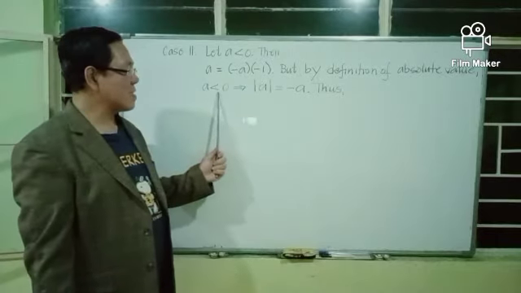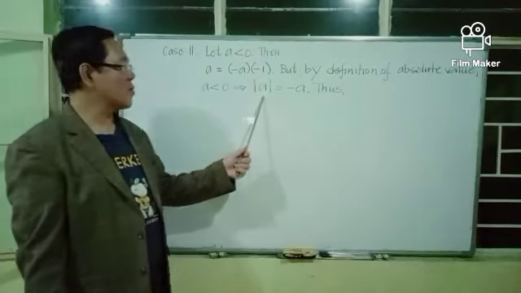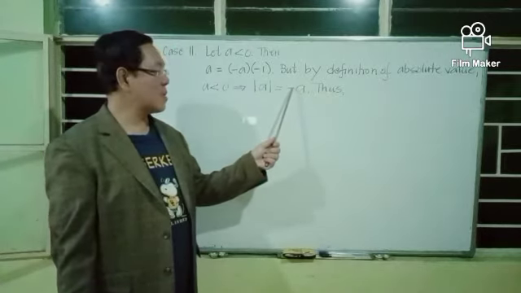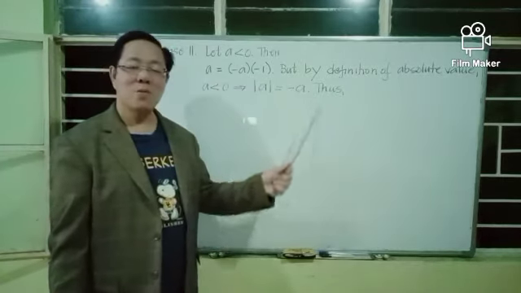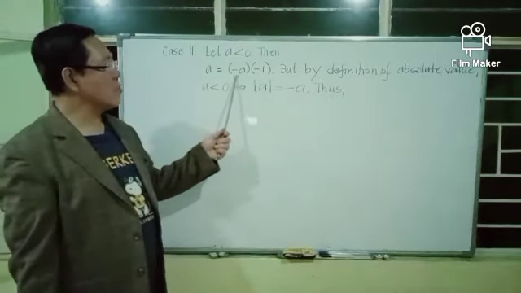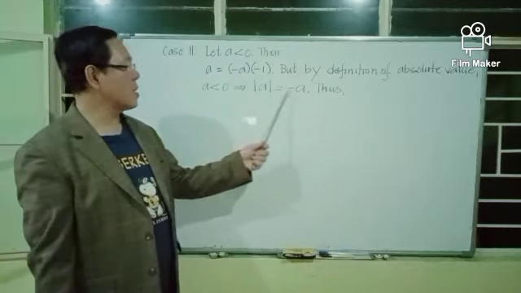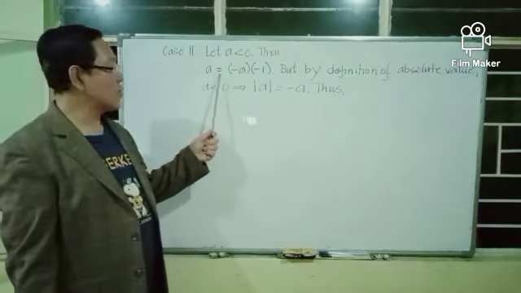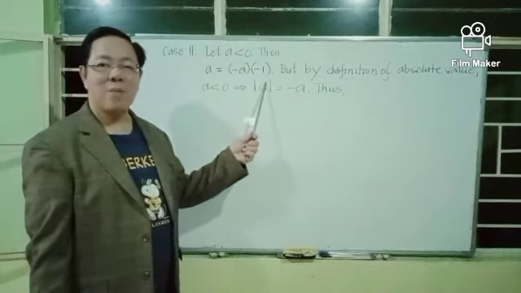Therefore, if a is less than 0, the absolute value of a would be positive, because a is negative, and minus a would be positive. And so, in this equation, we now replace minus a with the absolute value of a, and a is now equal to the absolute value of a multiplied by negative 1.